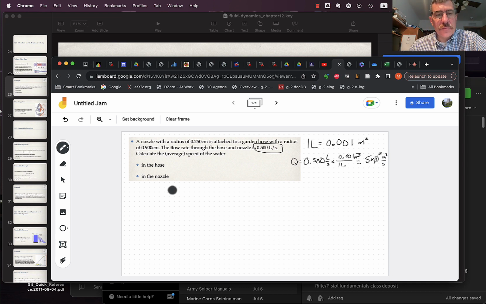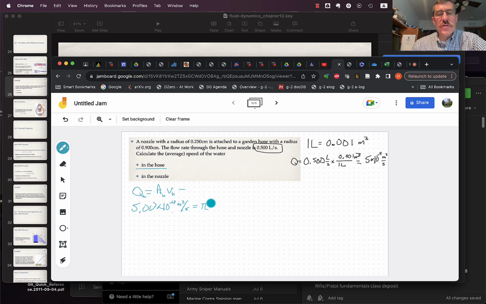Okay, so now if I look in the hose, the volume flow rate in the hose, I'll put a little h here, is going to be the cross-sectional area of the hose times the speed of the fluid in the hose. And I know my volume flow rate is 5 times 10 to the minus 4 cubic meters per second. I've got 3 sig figs I believe, so 5.00 times 10 to the minus 4 cubic meters per second is going to equal the area.